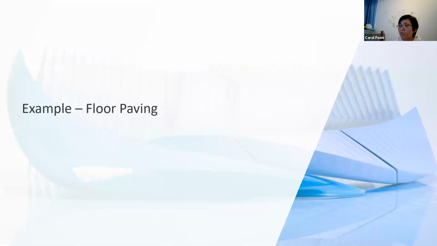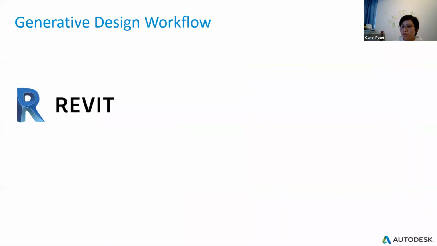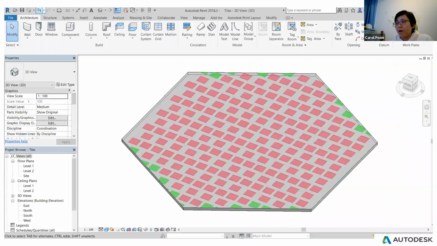Another real example is the floor paving. Let me skip some points first. So this study is done by me, and imagine I have a floor or an area I need to fill with tiles to do the floor paving.